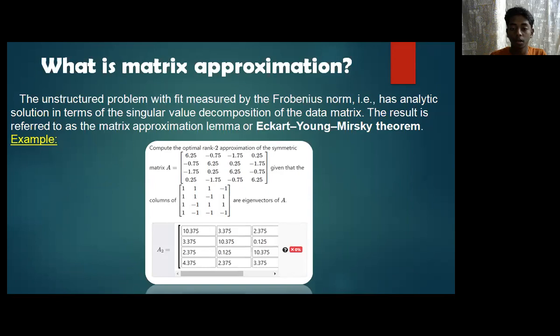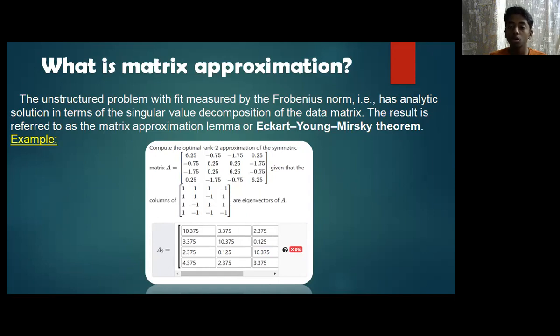What is a matrix approximation? The unstructured problem with fit measured by the Frobenius norm has an analytic solution in terms of singular value decomposition of the data matrix. The result is referred to as the matrix approximation lemma, or Eckart-Young-Mirsky theorem.